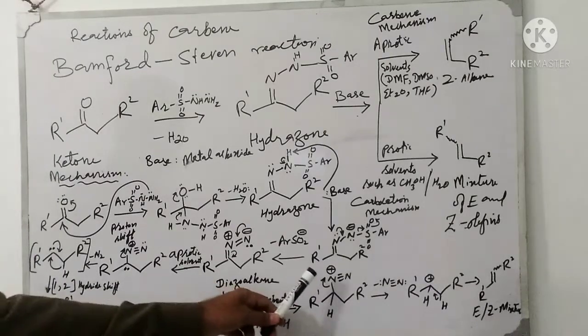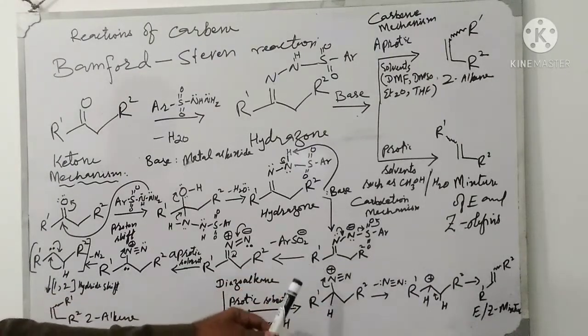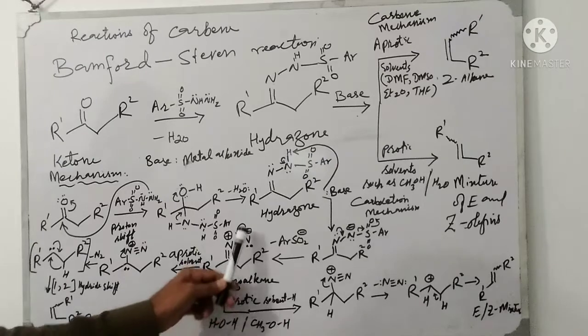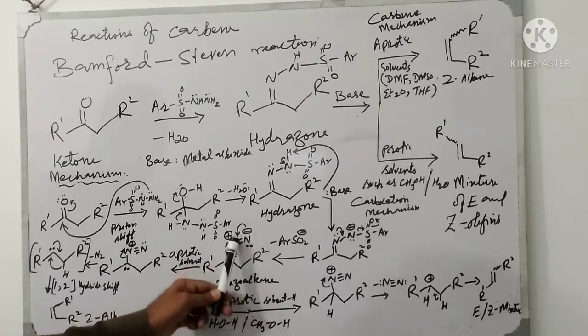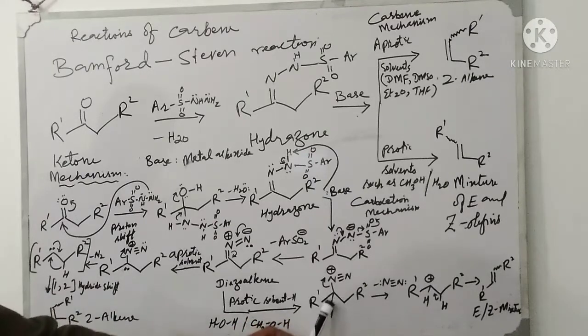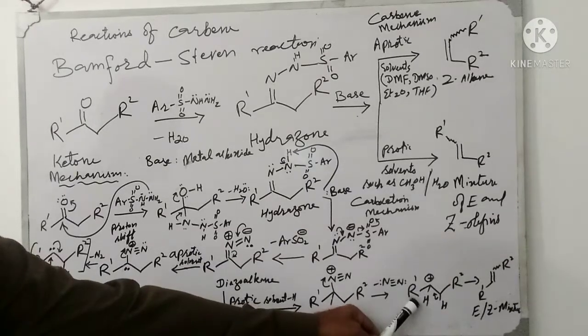Second case, when this reaction occurs in the presence of the protic solvent, this diazoalkane, when the charge from the nitrogen comes over here and two electrons are shifted here, then this negative charge gets the proton from the protic solvent. So another single covalent bond is formed between this carbon and the hydrogen. Later on, this nitrogen is removed to form this carbocation intermediate.